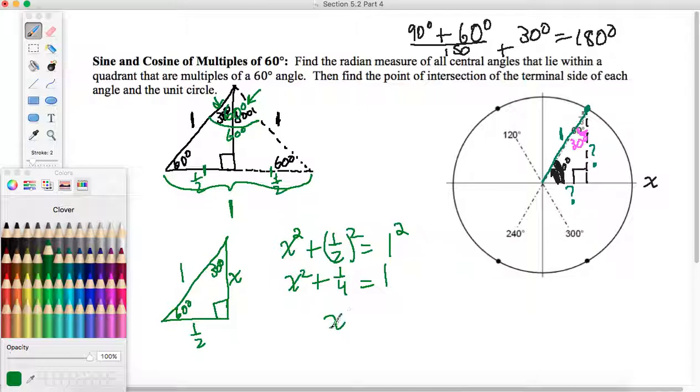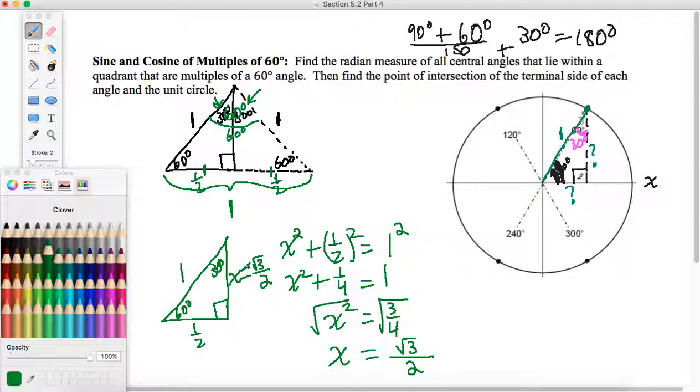If I subtract 1/4 from both sides, I get 3/4. Take the square root of both sides. Normally we'll put a plus or minus there, but I'm going to leave off the minus since I'm looking at side lengths of a triangle right now. The square root of 3 stays the square root of 3, but the square root of 4 is 2. And so this side length here is the square root of 3 over 2.